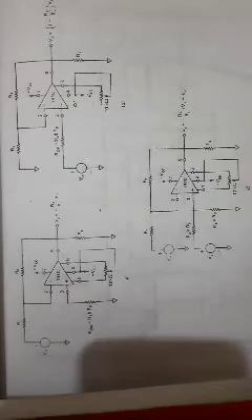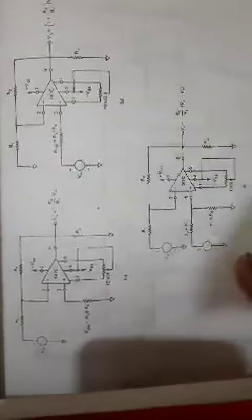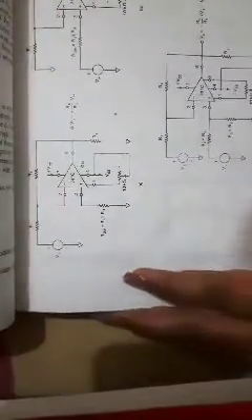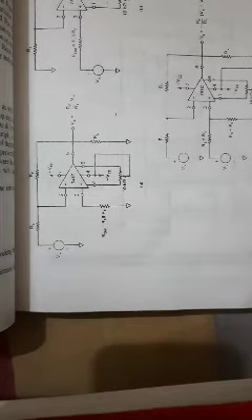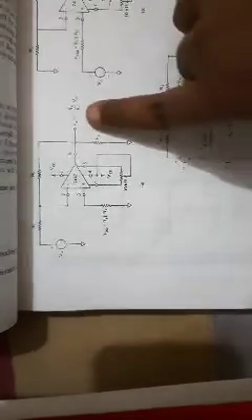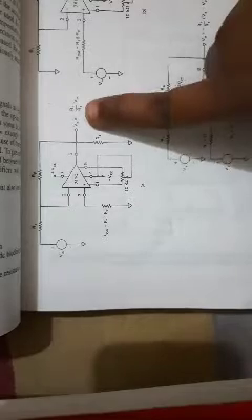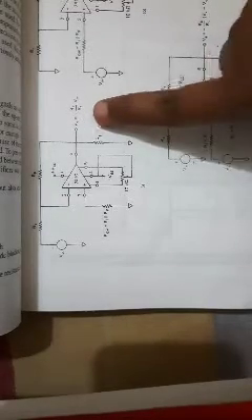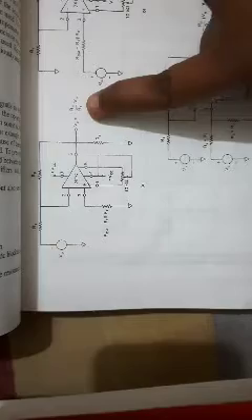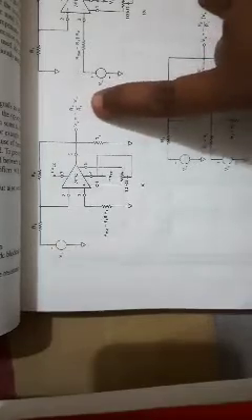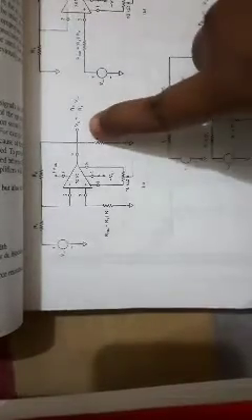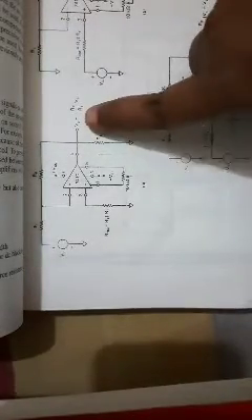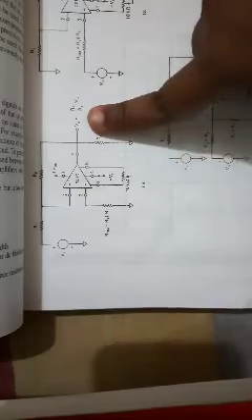Let us consider an inverting amplifier. Here you can see the first one is the inverting amplifier. Inverting amplifier means the input is applied to the inverting terminal, hence the output will be V0 equals minus RF divided by R1 into Vin. As we know, the gain of the inverting amplifier is minus RF by R1.